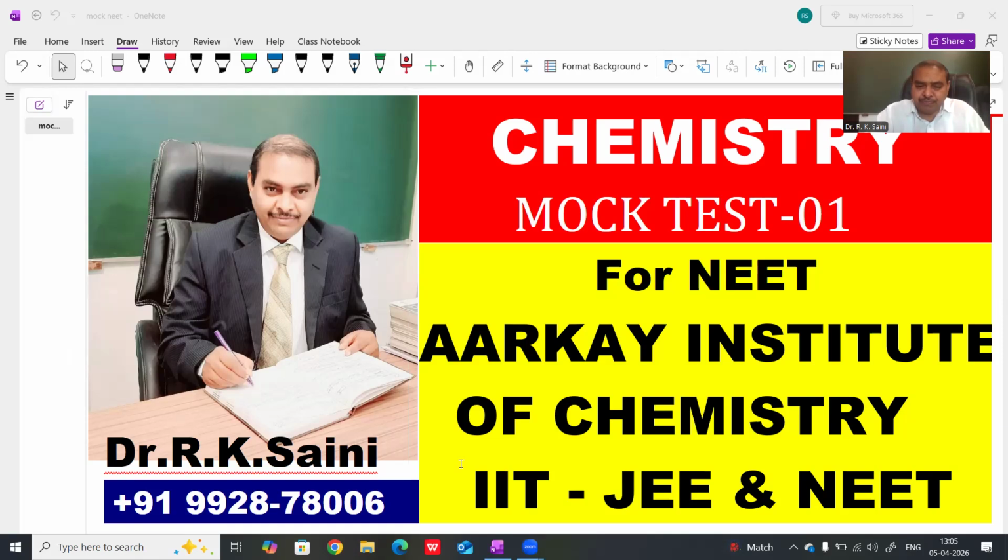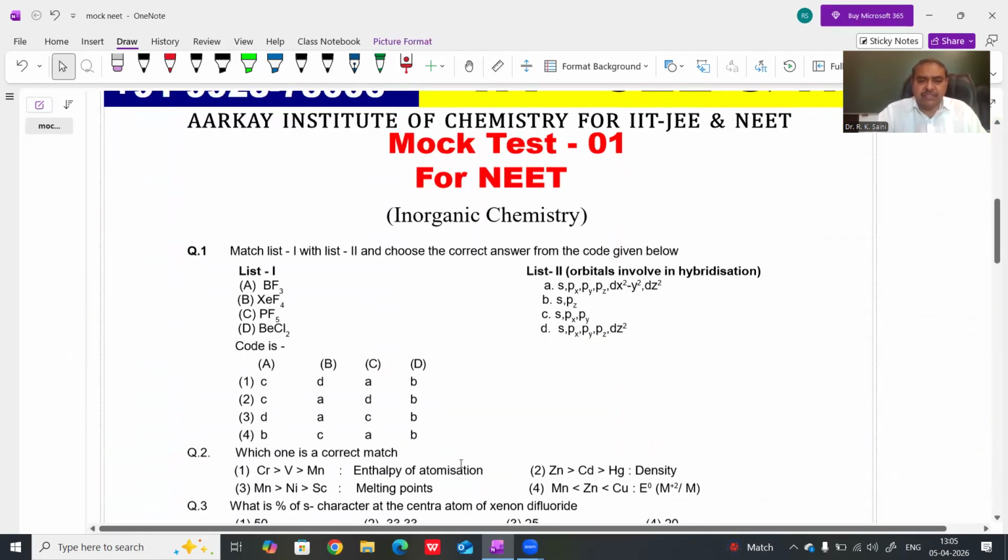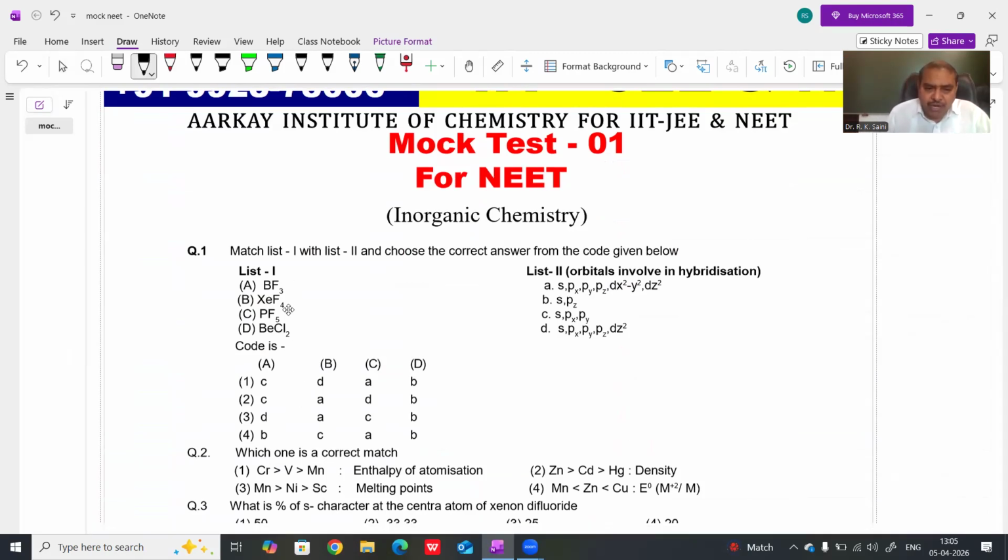Question first, taken from chemical bonding and related to hybridization state. In list first, some compounds are given, and in list second, orbitals which take part in hybridization.